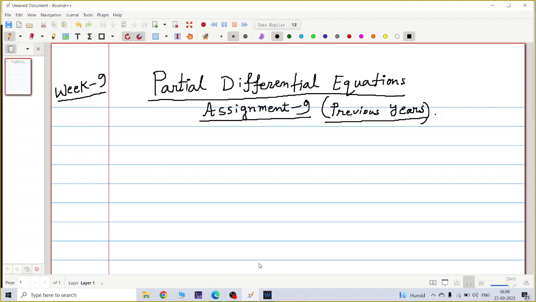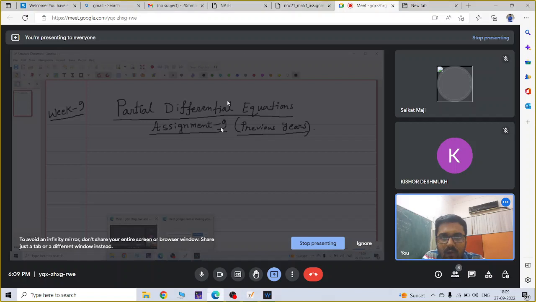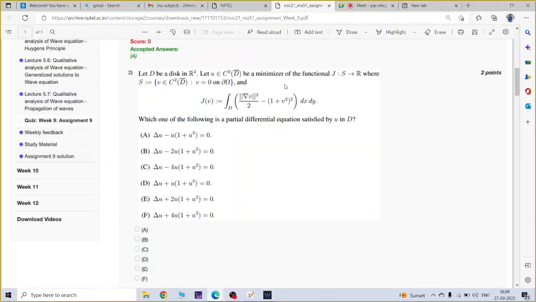Let me show you the questions first. I will start with question number 2. The question is: let D be a domain in R2 and U is twice continuously differentiable.